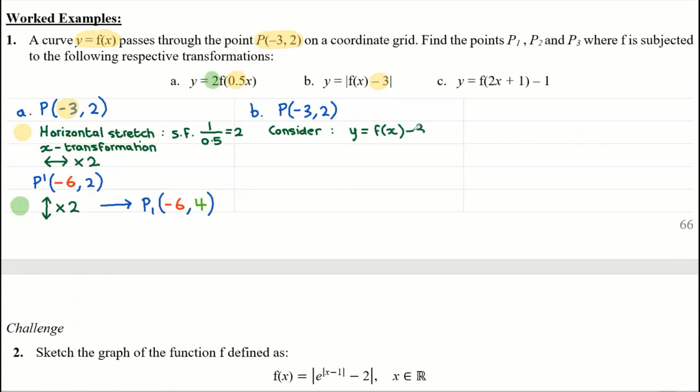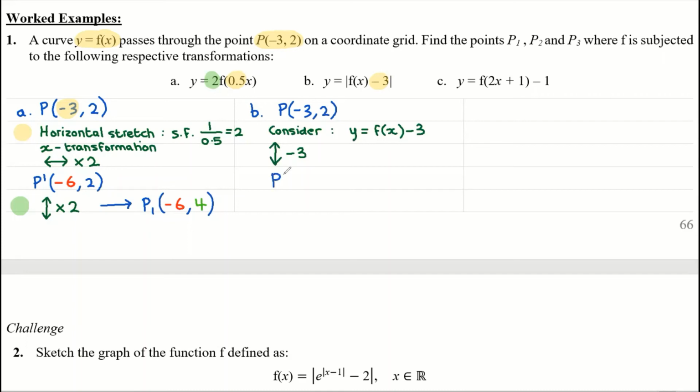Now, what that means is that because we're subtracting 3, this is a vertical transformation again, and it just means that we're subtracting 3 in that direction. So it's going to affect the y coordinates only. So that's pretty straightforward. We just have to subtract 3 from the y coordinates.